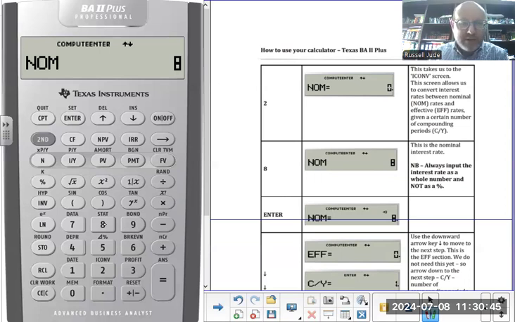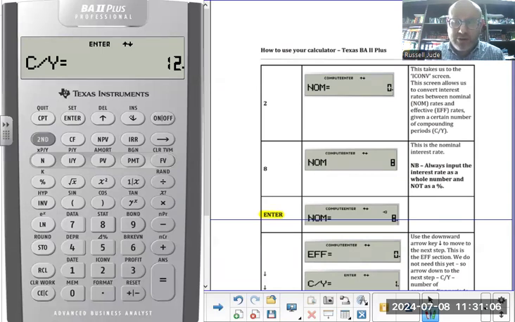I've got my nominal over there of 8, and again, don't forget to push the enter button. There we go, push enter. It's now in the interest conversion memory bank as 8%. We arrow down 1, we arrow down 2, because I don't want effective rates just yet. Remember, what am I trying to do over here, guys?